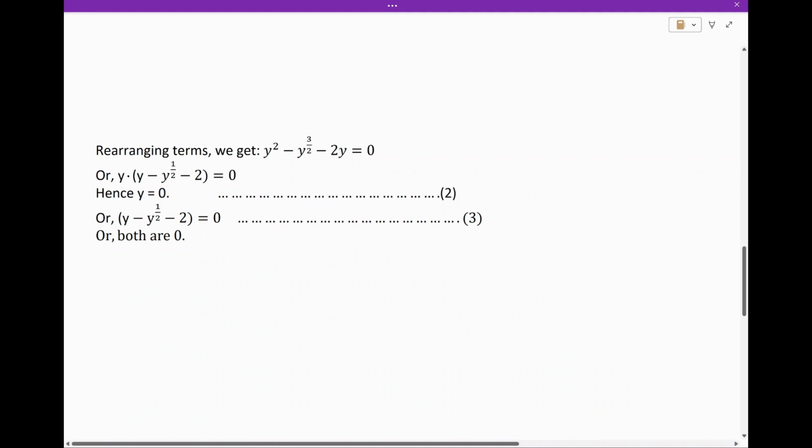Again, rearranging terms, we get y squared minus y to the power of 3 by 2 minus 2y is equal to 0. If you take y common on the left hand side, we get y multiplied by y minus y to the power of half minus 2 is equal to 0.